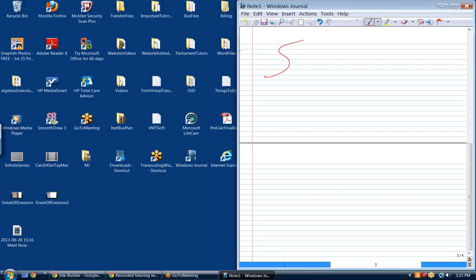All right, the next is the integral of 7e to the x over 4, as in the exponent is x over 4. Okay, what's the integral of e to the x? E to the x. What's the integral of e to the 2x?